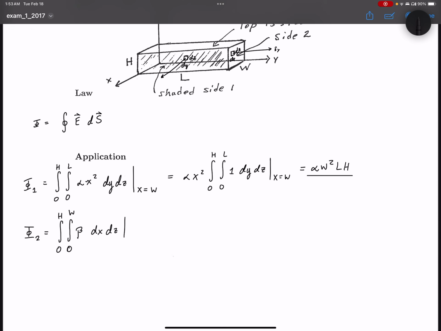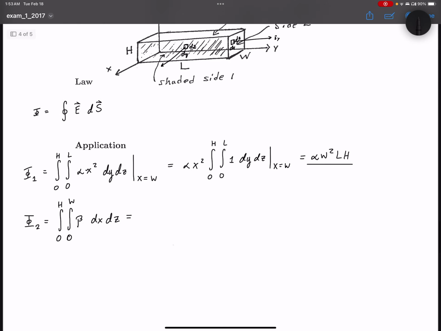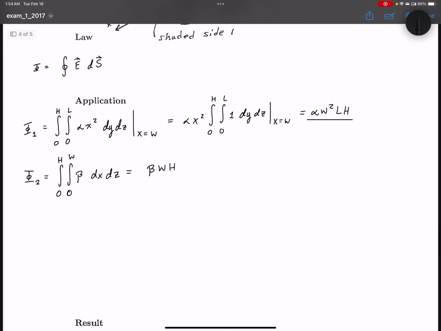We don't need to evaluate this at a specific value because there is no variable that we need to specify, like we had to with the front side. And again, the same thing: we could take out alpha x squared because that was a constant, and we can take out beta the same way, and then we're integrating it just like we did before. And so it's just going to end up being beta w h for side two.